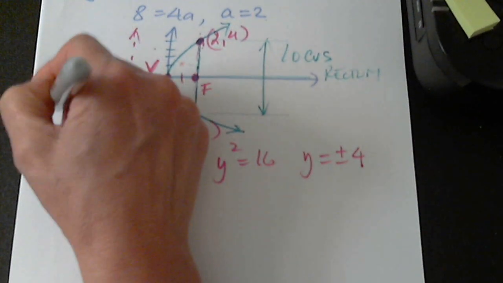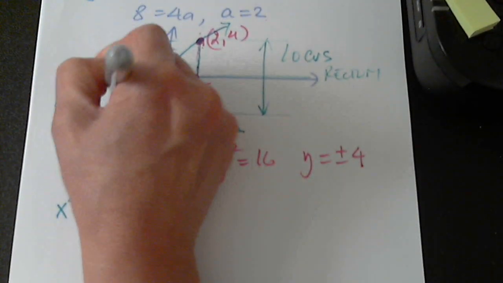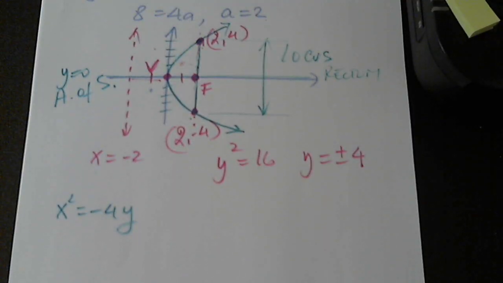So x squared equals negative 4y, axis of symmetry is the y-axis, because this is a regular parabola, right? And it opens down. Of course, we knew that, because of the leading coefficient here.